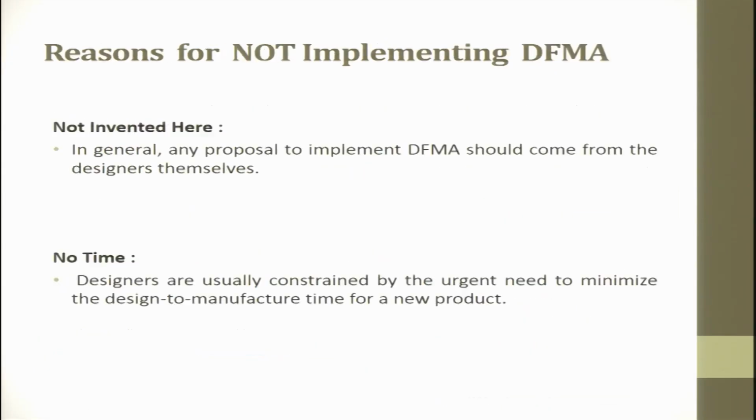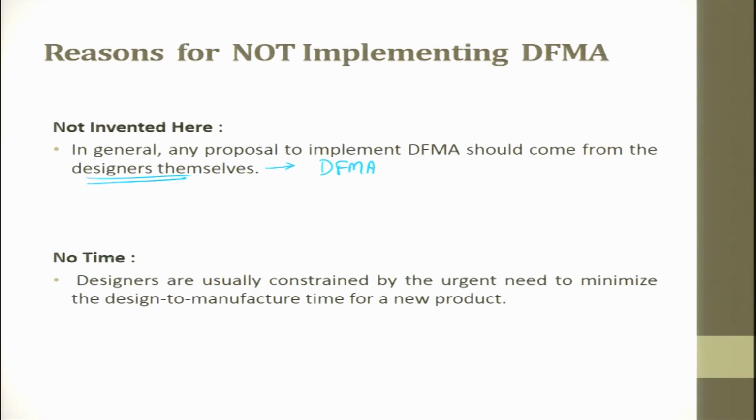So, reasons for not implementing DFMA, design for manufacturing and assembly. First, not invented here. In general, any proposal to implement DFMA should come from the designers themselves. If the designers do not come forward, then implementing DFMA is going to be very difficult.